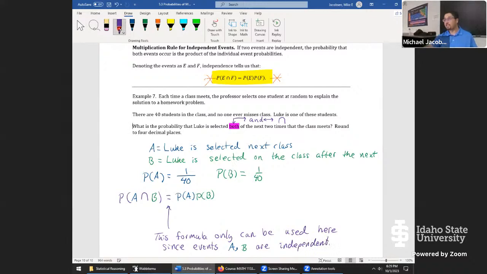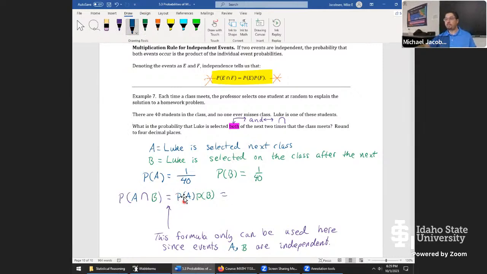No matter what, if Luke is selected the first class, the probability of getting selected on the second class doesn't change. And that tells us the probability of the event B did not depend in any way on event A occurring or not occurring. So now that we have that in play, we can multiply the 2 values together.